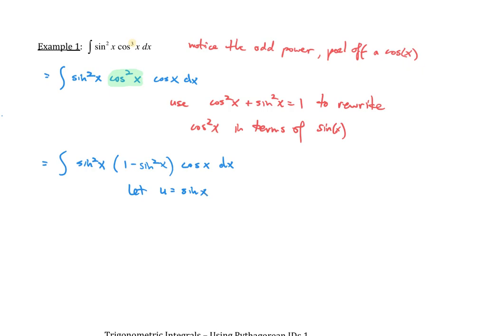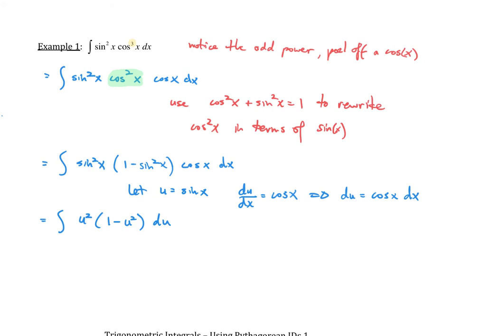This means that du dx is equal to cosine of x, which means du is equal to cosine of x dx. Okay. So after I make this substitution, I'm going to have the integral of u squared times 1 minus u squared, and then the cosine x dx gets replaced with a du.